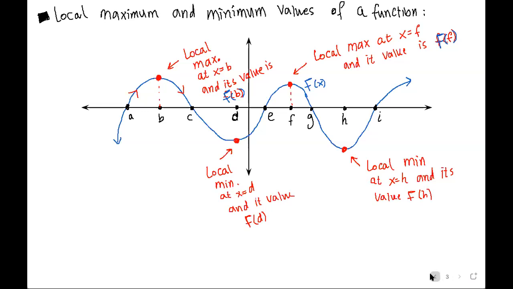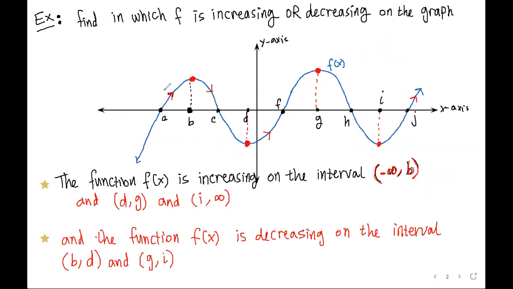Okay, let's go back to the same example here. The function has a local maximum at x equal b and at x equal g, that's it. And the function has a local minimum at x equal d, this point, and at x equal i.